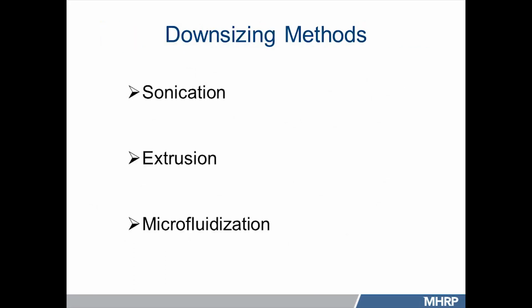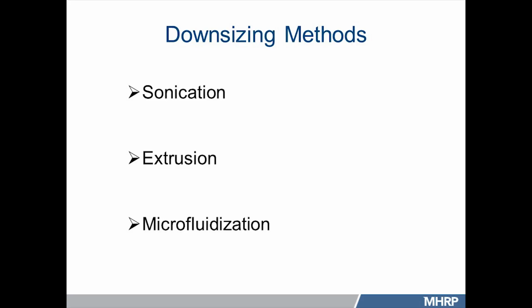There are three main downsizing methods for liposomes: sonication, extrusion, and microfluidization. What is common in all these downsizing methods is that they impart energy to break down large multilamellar vesicles, MLVs, into small unilamellar vesicles. Depending on how much energy, and depending on the arrangement you have for these methods, you can generate liposomes of desired size.